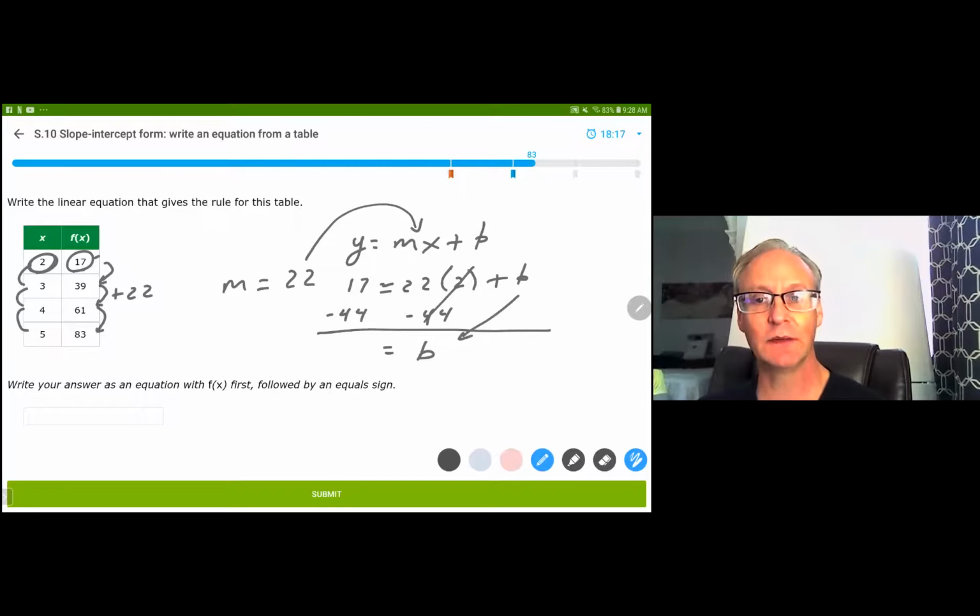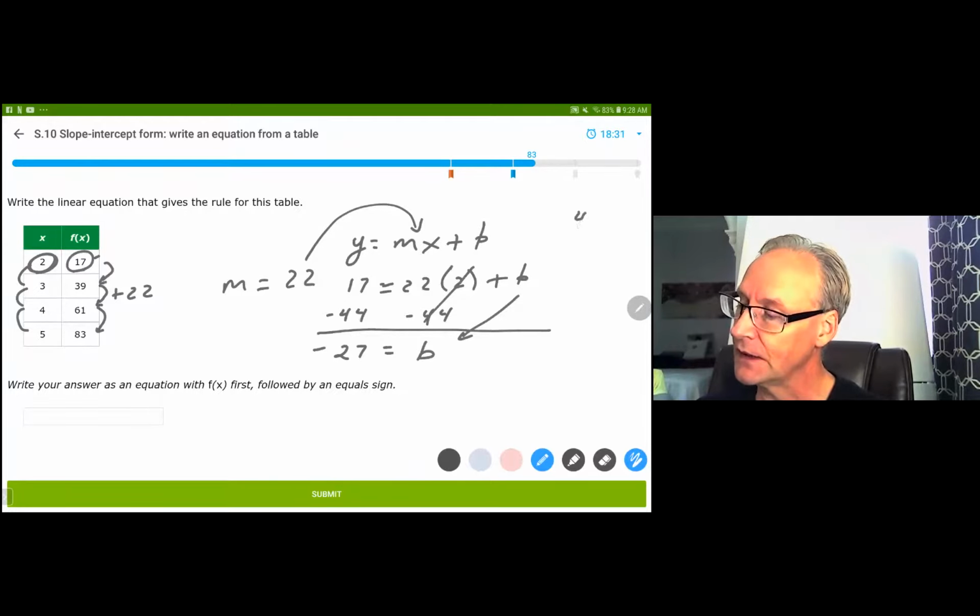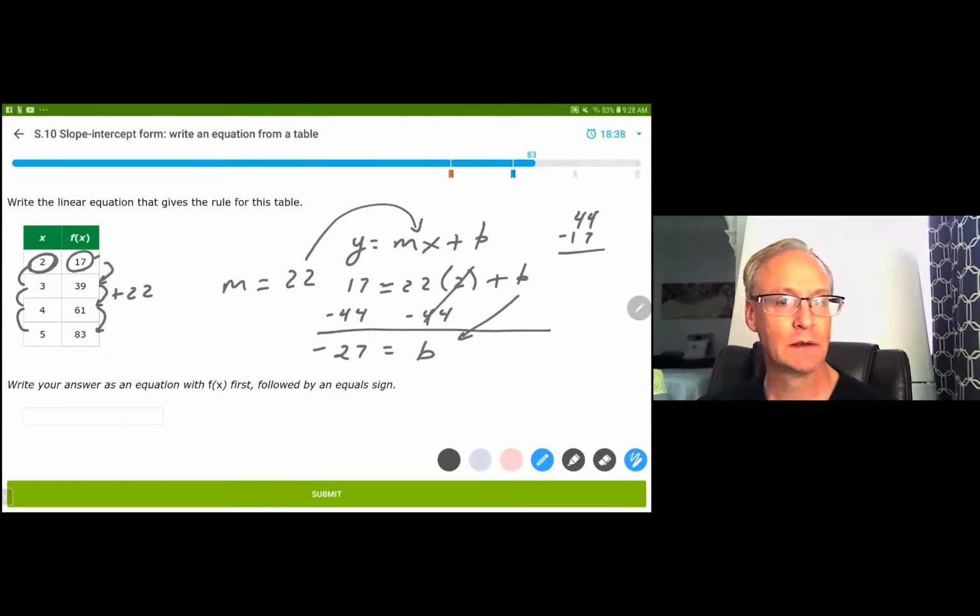And 17 minus 44 is negative 27? Well, there's a way to check it. Add the 17 with the 27 and make sure you get 44. Some people are going to need to do this on the side, 44 minus 17, or they're just going to grab their calculator and turn their brain off. Probably not the best option.